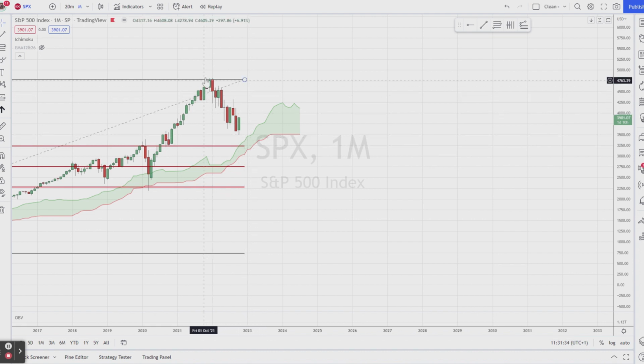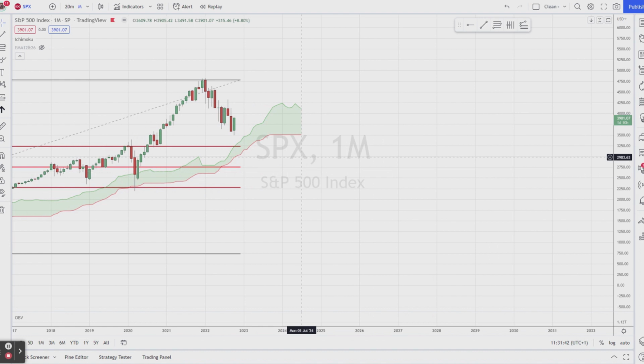But on the monthly picture, we see that there is still room for some downside. The cloud is getting bigger, which means that we should see a slowdown on the free fall of the S&P 500. And obviously there's a war going on, so that affects as well.